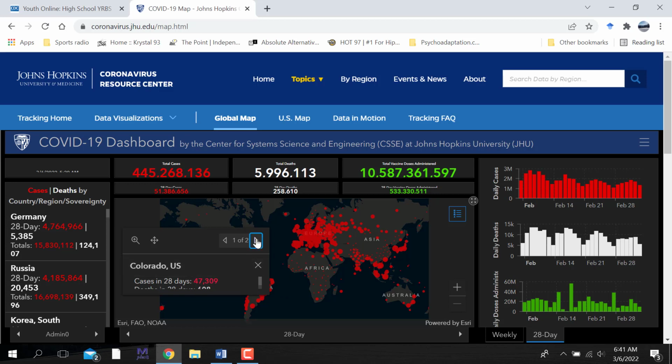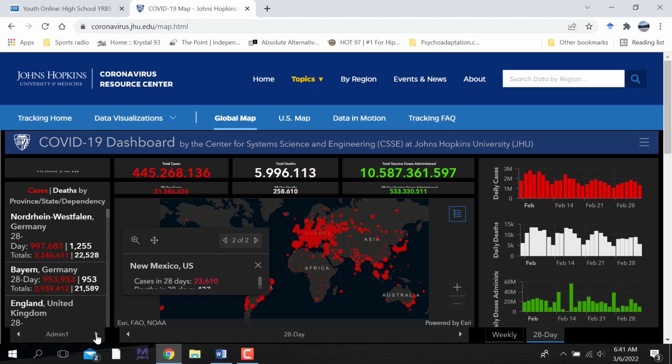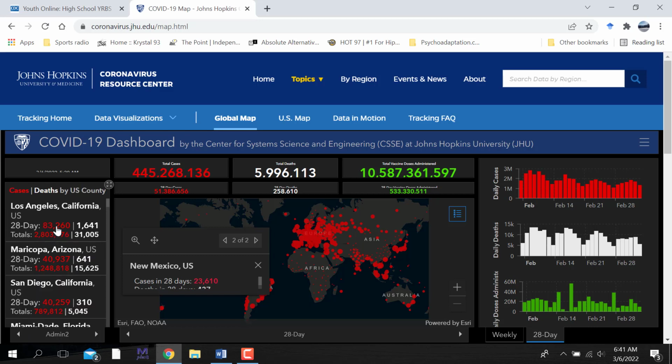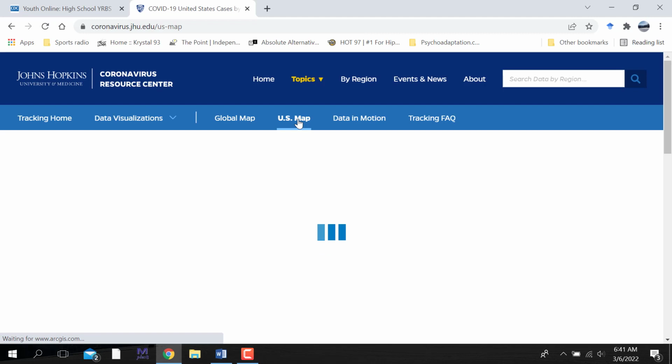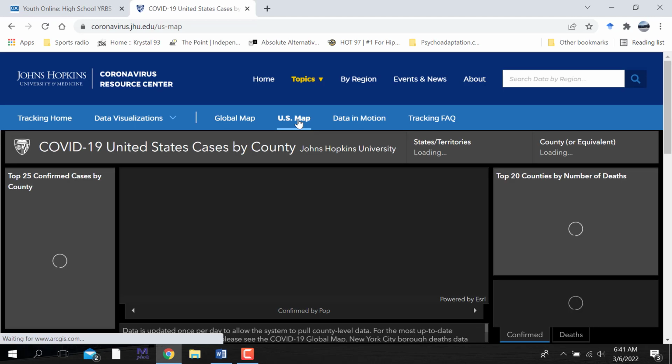Let's see if we can find a U.S. one. I don't know if they would show this. Let's see, United States. Let's see if we can find this. Let's see, U.S. map. Not everything's always that easy to find. You've got to look for it.